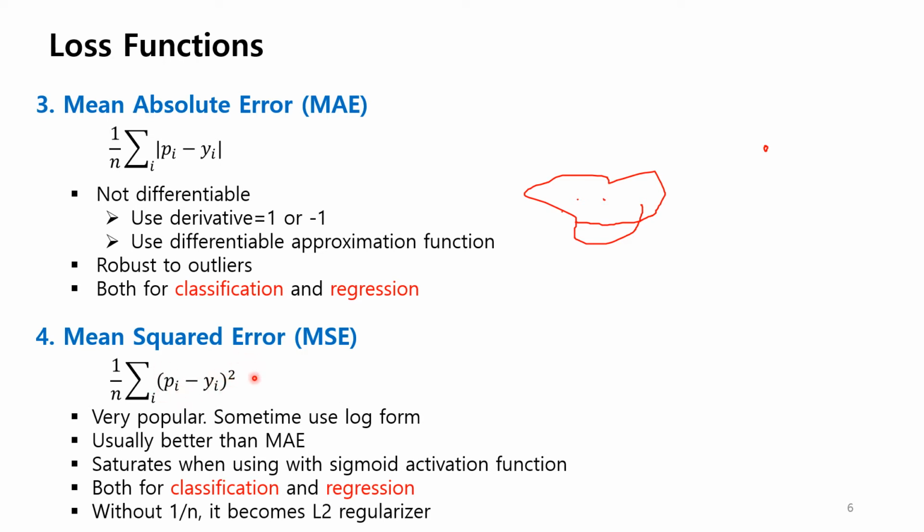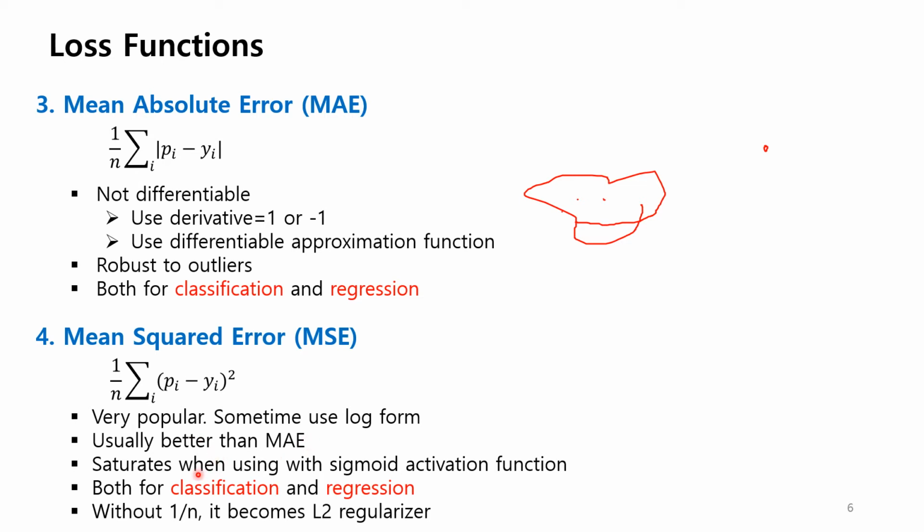So it's no good. So if these values are very big, we put log there and reduce the size of the value. And if you compare these two, usually you can say this MSE is better than MAE. This is a very popular loss function.